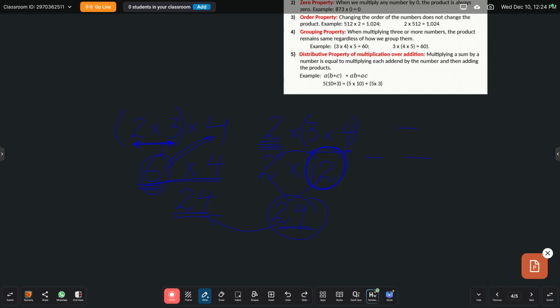My answer is 24. In both the cases, my answer is same. It means that if I write these numbers like this, 2 into 3 into 4, and multiply these two first, it will be equal to writing these numbers again and multiplying the last two numbers first. Is it clear, beta?